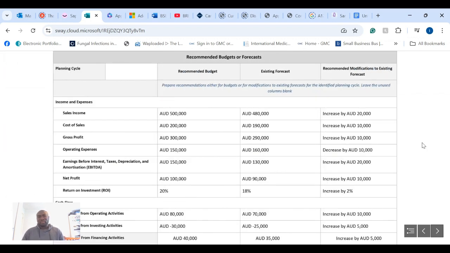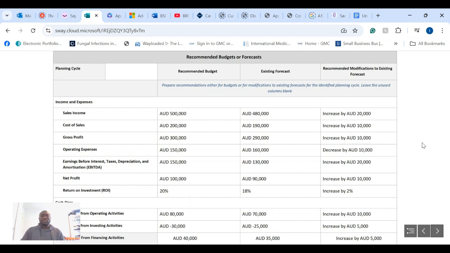So I would be talking about the recommended budget or forecast for this project. Talking about the income and expenses, I'm looking at a sales income of around 500,000 Australian dollars, and currently we have an existing forecast of $480,000. So we are looking at an increase of 20,000 Australian dollars.